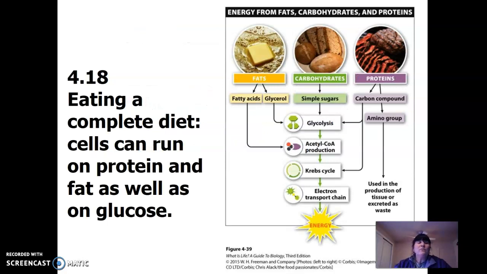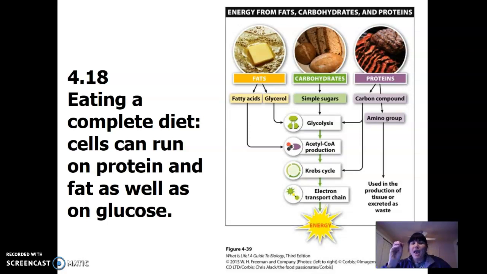Lastly, when we talked about respiration, it was breaking down sugar to make ATP. What if we don't have sugar? Can we break down other things? The answer is yes. The primary energy molecule is sugar, so glucose, starch, those polysaccharides.